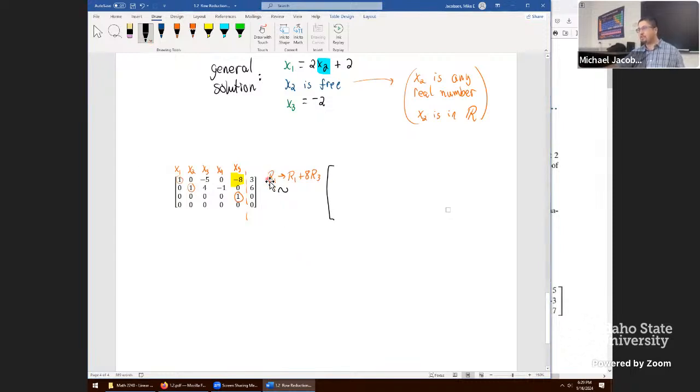We're changing row 1, so I'll start by just writing in rows 2, 3, and 4. Here's row 2: 0, 1, 4, -1, 0, 6. Row 3 is 0, 0, 0, 0, 1, 0, and finally the 4th row is all zeros.